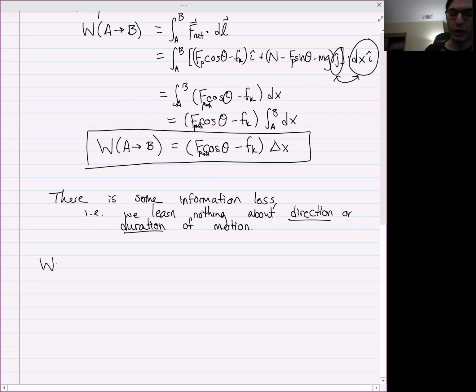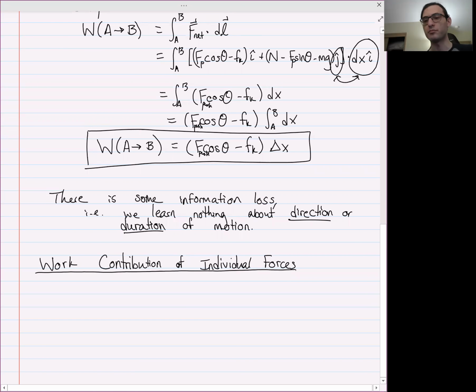So let's talk about the work contribution of individual forces. Up until now, at least in this example, we just computed the net work by doing a free body diagram, and then we just dotted it and figured out what we got.